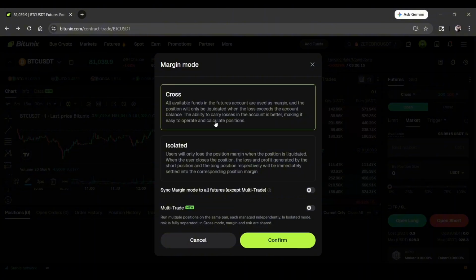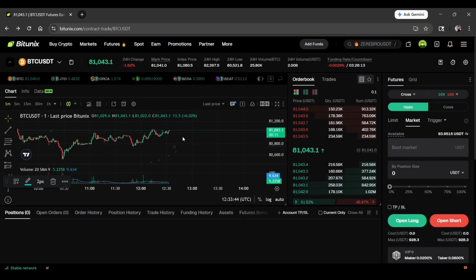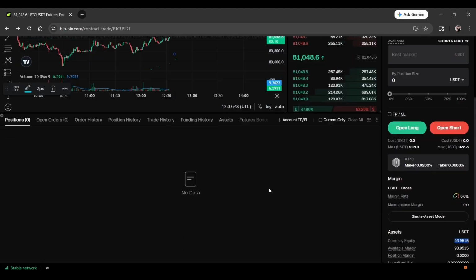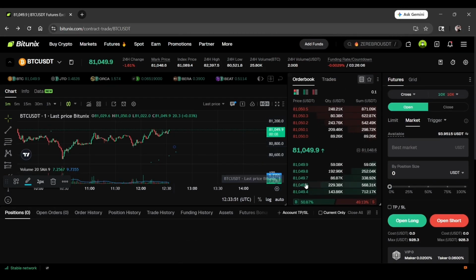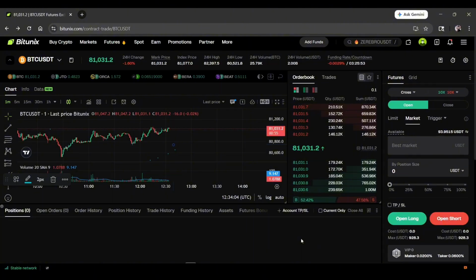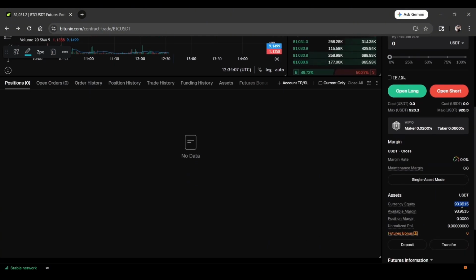Okay, so when you're using cross, how much do I have in this account at the moment? I've got about $90. If I open a $90 position on Bitcoin, my leverage on that trade, since I'm using cross, is going to be the position size divided by how much actual margin, or how much available funds, I have in the exchange.